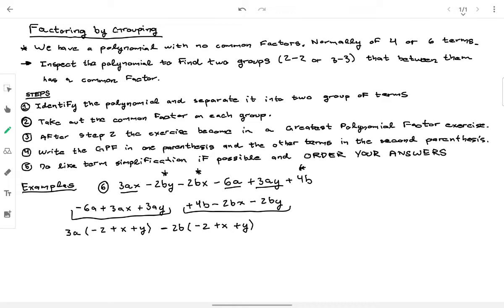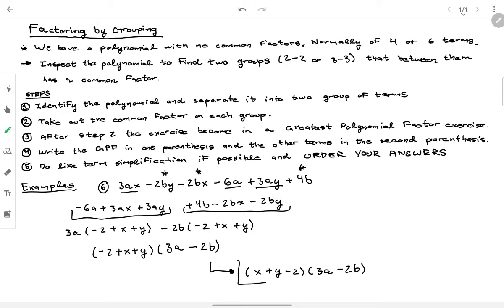So we will write the common polynomial factor in one parenthesis and the other terms in the second parenthesis. So remember, the answer must be ordered to be correct. In this case, it's not correctly ordered because the trinomial must be x plus y minus 2 that multiplies 3a minus 2b.